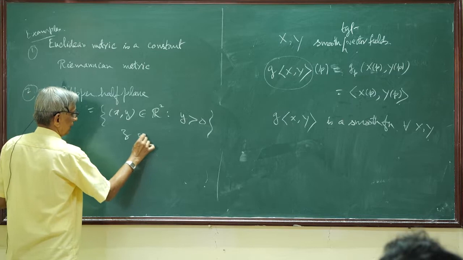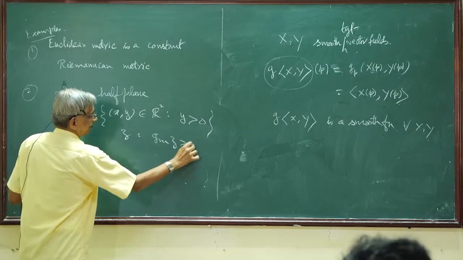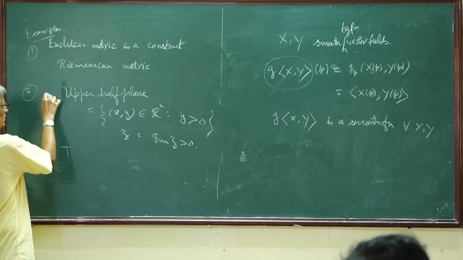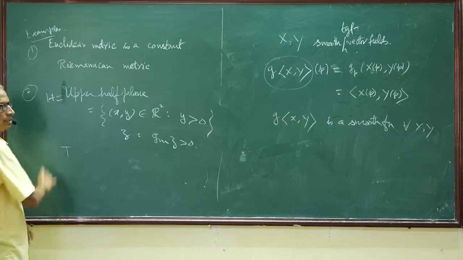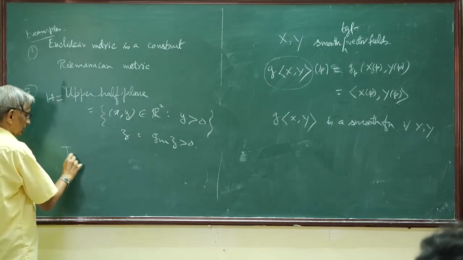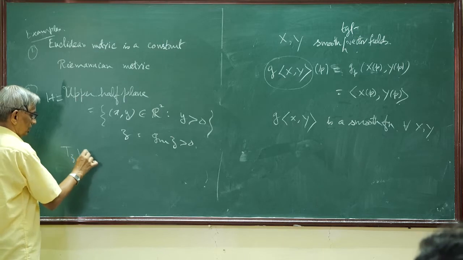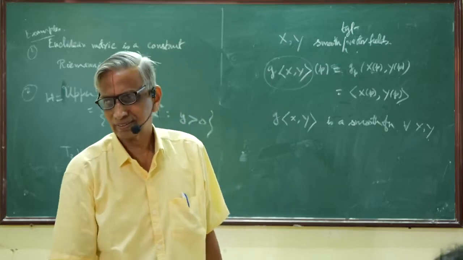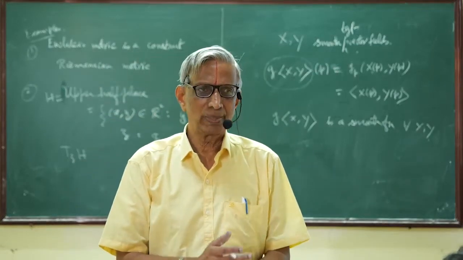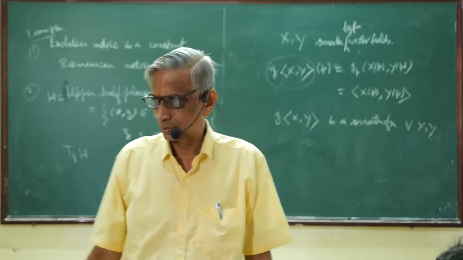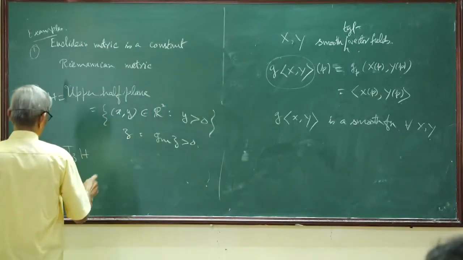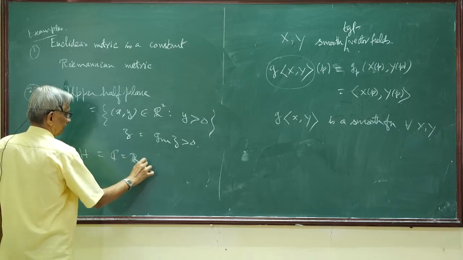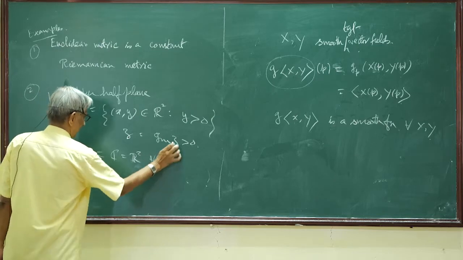So z, imaginary z greater than 0. We call it H. So this is an open subset of the plane, okay? So tangent space at any point is just the ambient vector space R2. So T_pH is equal to R2 or C for all p, for all z.